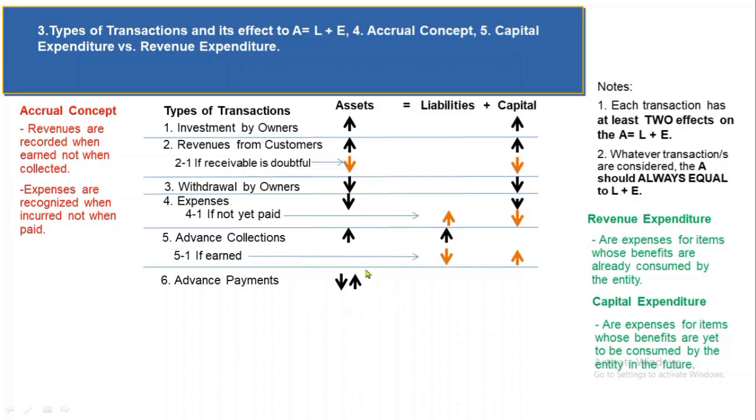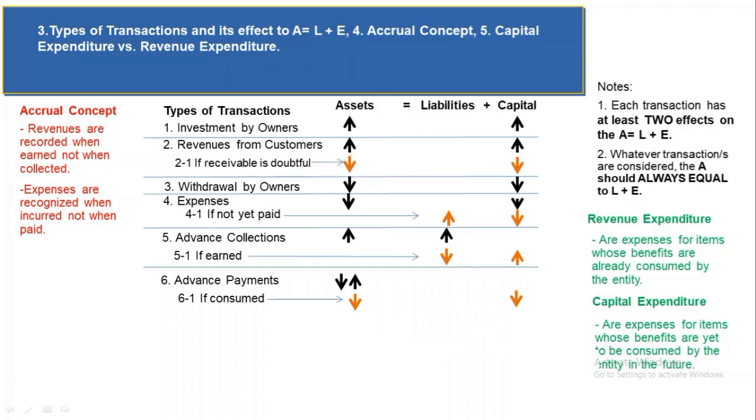If you analyze deeper, it's as if there is no effect in the total assets balance because although one asset is sacrificed, which is the cash, another was increased in the form of deferred expenses. I hope that's clear. But the moment you have consumed the benefit already, then you are going to deduct your assets and you are also going to deduct the capital account because the advance payments are already considered as expenses already.